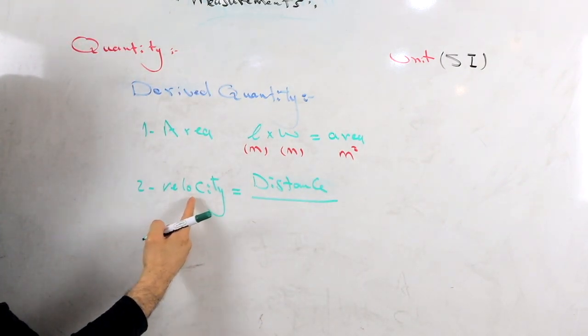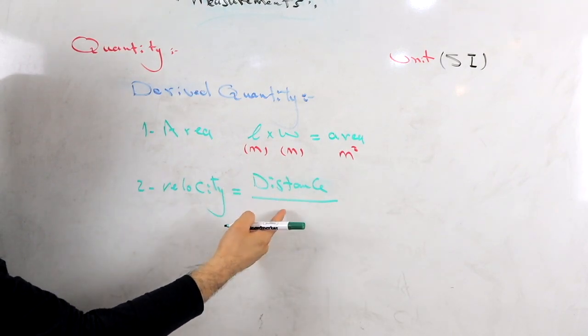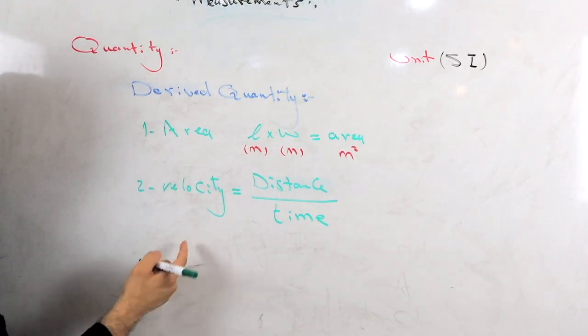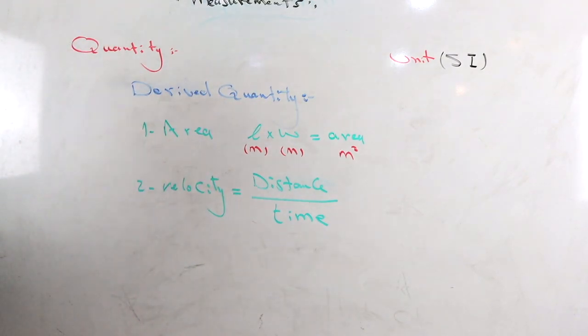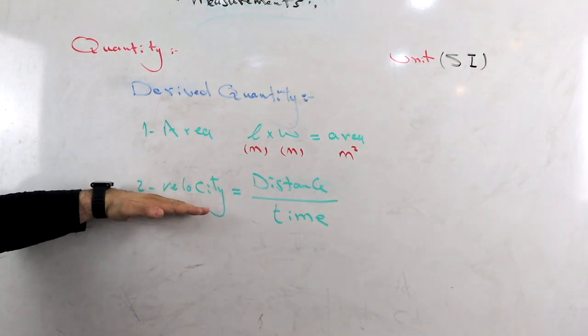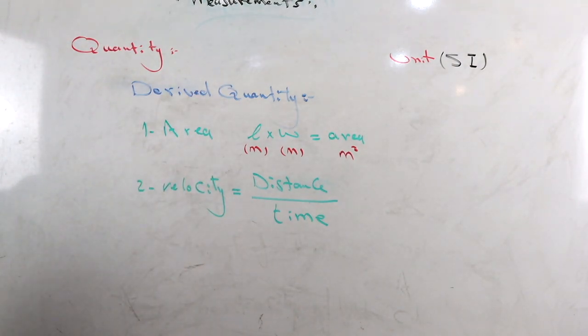Remember, velocity is the displacement divided by the time. Right now, I do not care that much about the direction of the motion when it comes to velocity and speed. Later on, we will go into more detail on that.